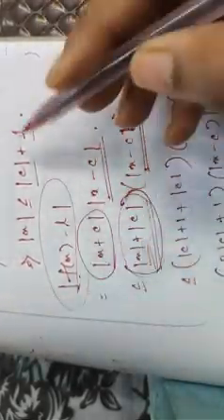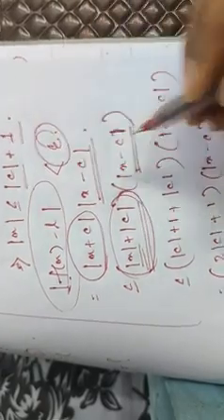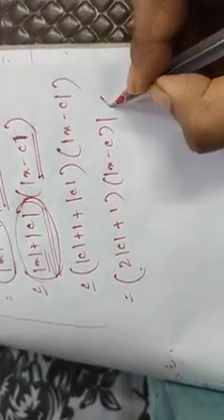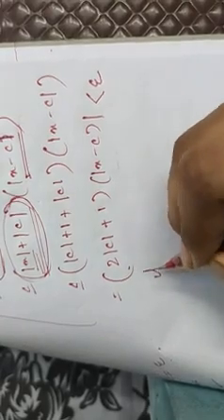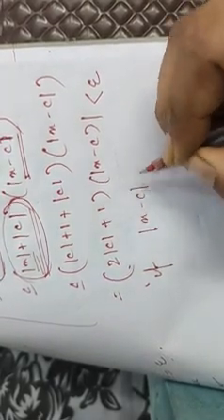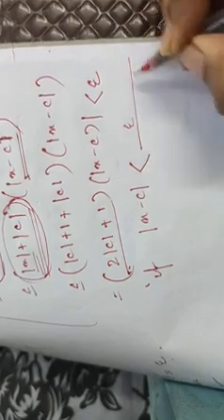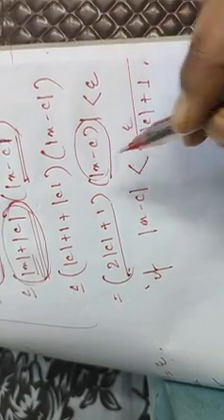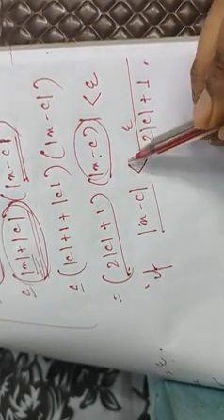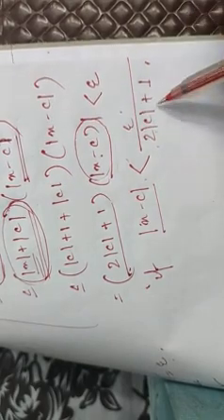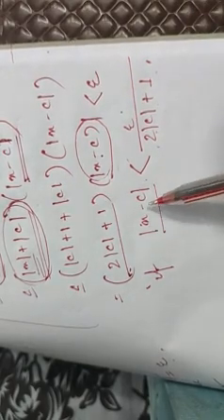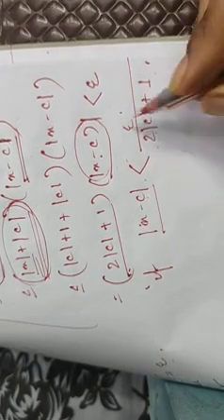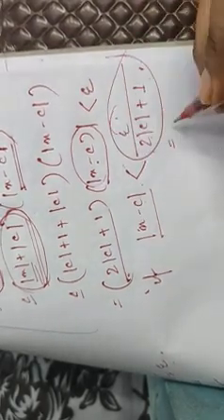Now this is our |f(x) - L|. We need to prove this quantity is less than epsilon. Now from there, this quantity is less than epsilon if |x - c| is less than epsilon by (2|c| + 1), right? We are just keeping this |x - c| on the left hand side and putting the other part on the right hand side. So |x - c| must be less than epsilon by (2|c| + 1), and we know that |x - c| is always less than delta, so we are choosing this quantity as delta 2.